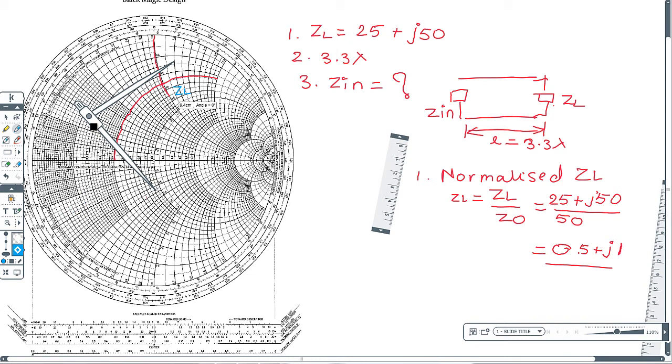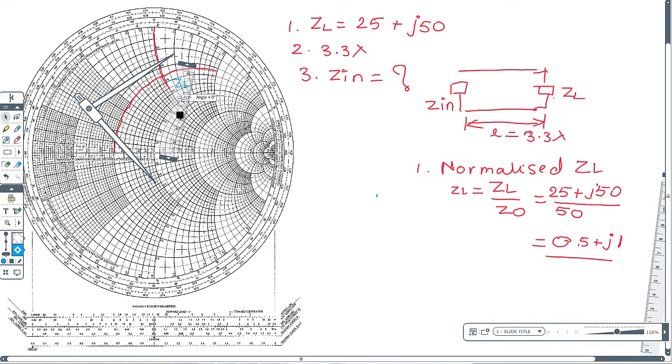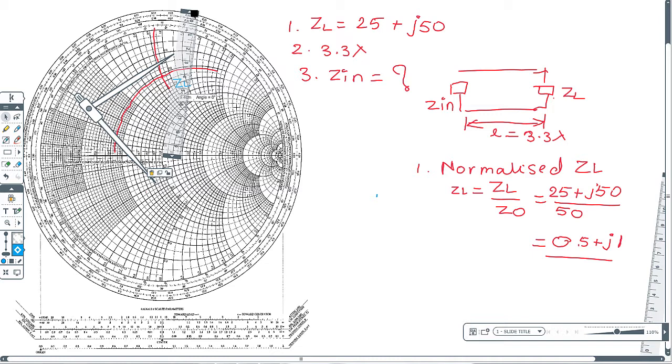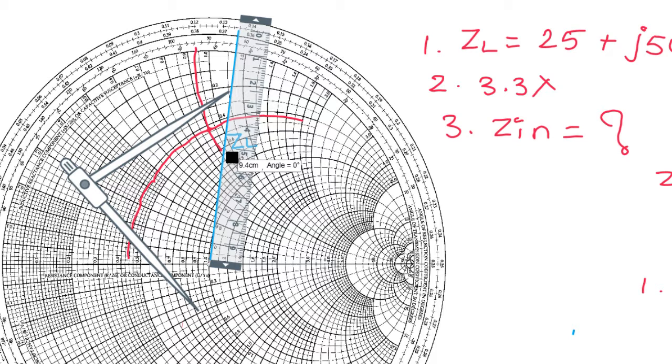Then you have to extend it with a ruler from this ZL.